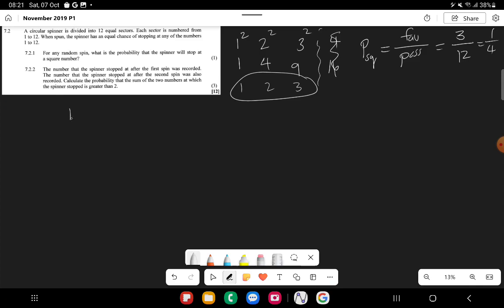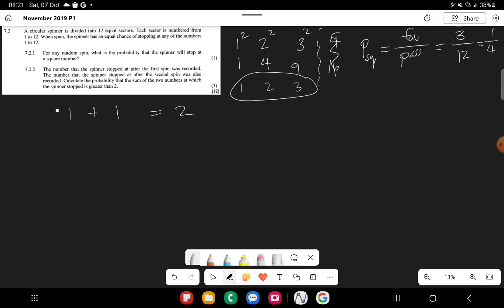We want greater than 2, so it's not 100%, but like 98%, 99%. So 1 plus 1 is 2.